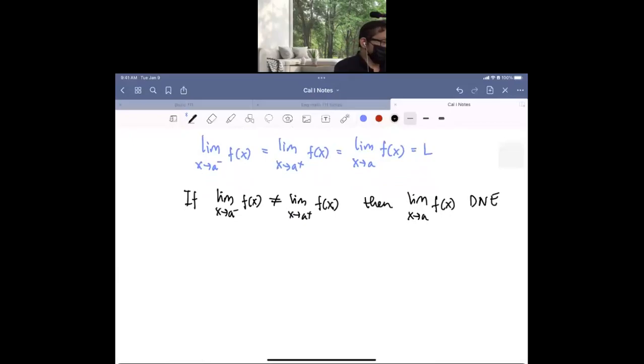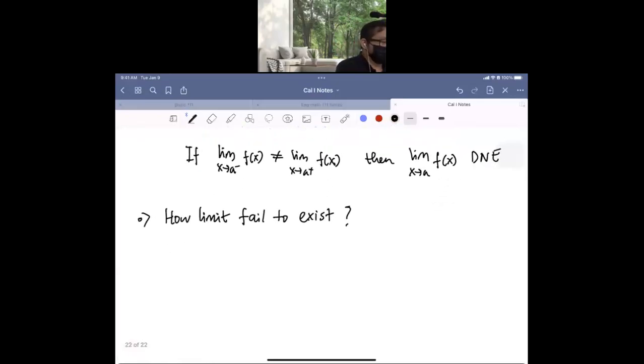Now, how does a limit fail to exist? First example: the limit as x approaches 0 of sine of pi over x.